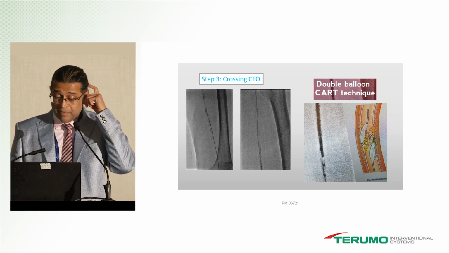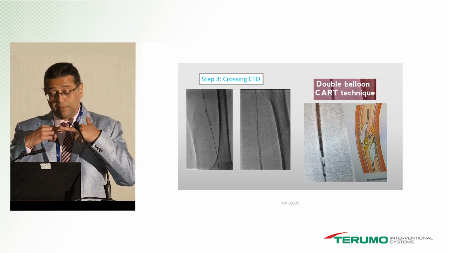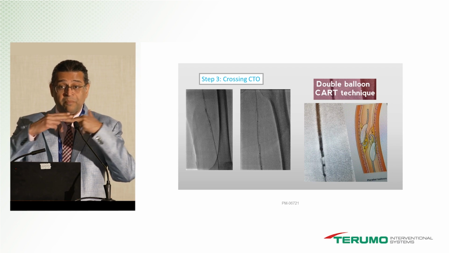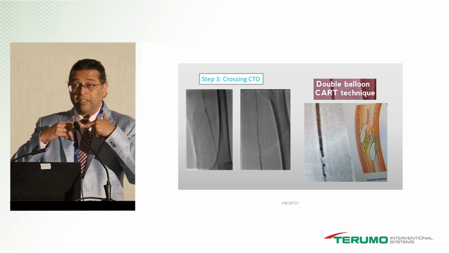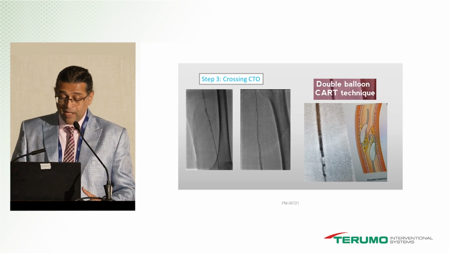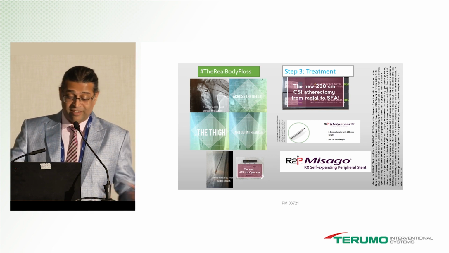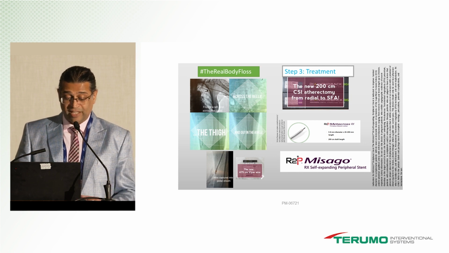Again, in the interest of time, I'll go through this quickly, but I used 2 balloons, what you call the double balloon CART technique. You put 2 kissing balloons, you sort of break the flap in between, and that's how you get intraluminal again, right? So I got intraluminal again, and then I sort of flossed across the whole body. This is a pretty nice case. I had 1 resident at the top, 1 resident at the bottom, and we were working through the whole case.